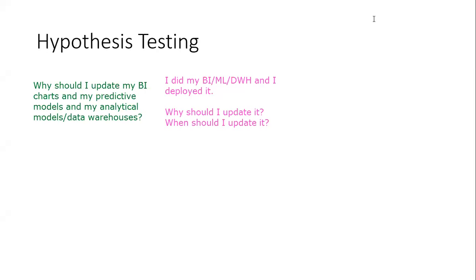When you have made some BI model or the data science model, then you need to update that. So why should I update it? Because we are continuously getting new data, and through new data we can somehow get a better understanding about the portion that we are going to analyze through the data.